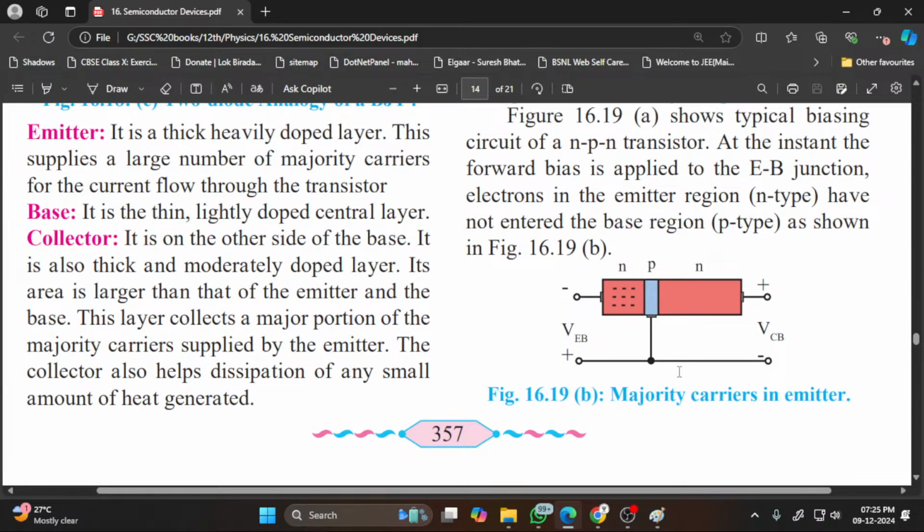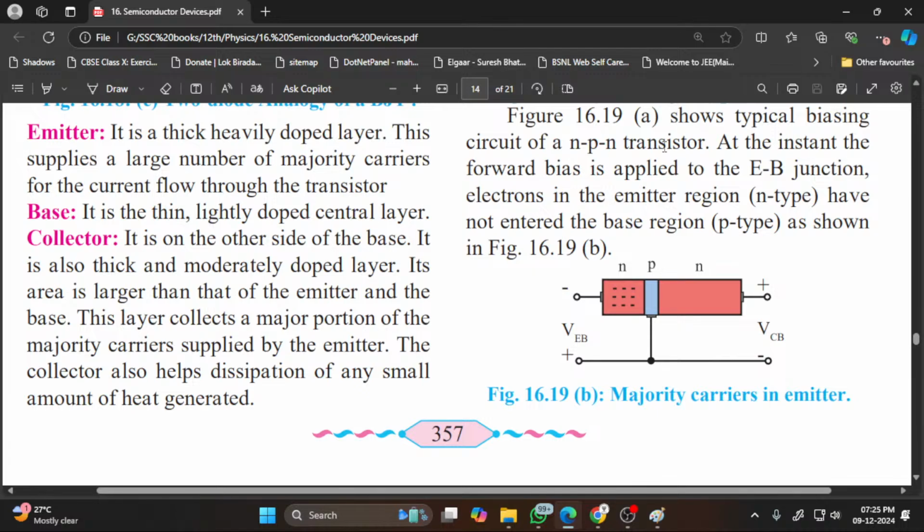Majority of electrons are injected by the emitter into the base and are thus collected by the collector and flow through the collector circuit. A PNP transistor works exactly the same, but in that case the majority carriers are holes.